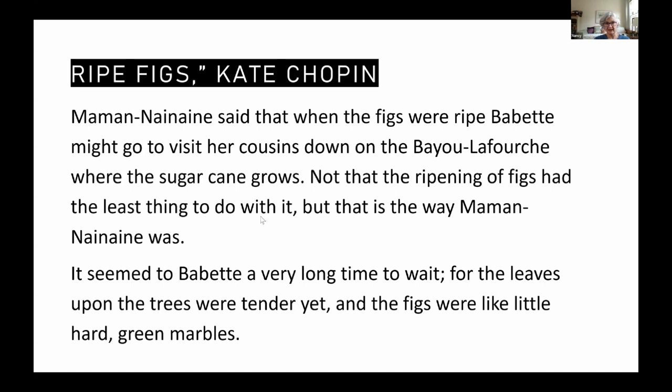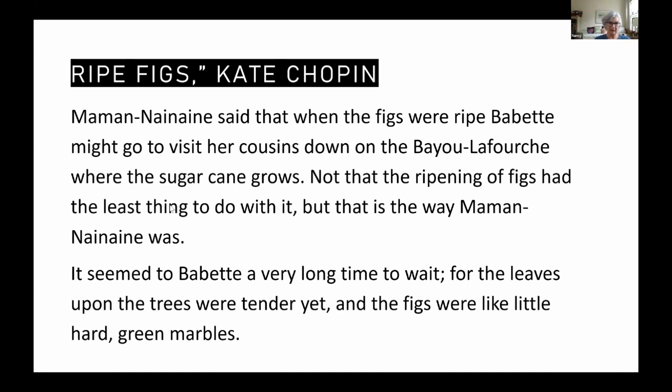We've got Babette as a very impatient young girl. We've got Maman Nanane, who knows how to hold back the child because she knows what time is going to do. So she is the one who has to maintain control over that child.